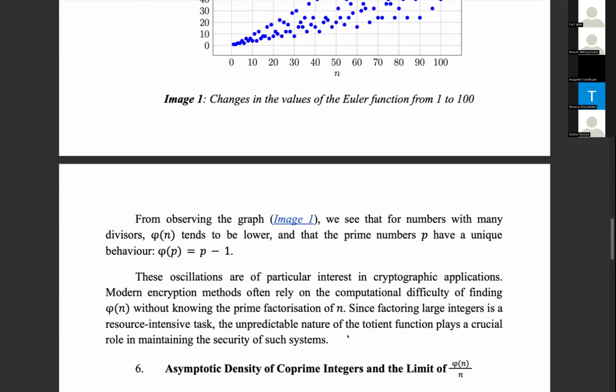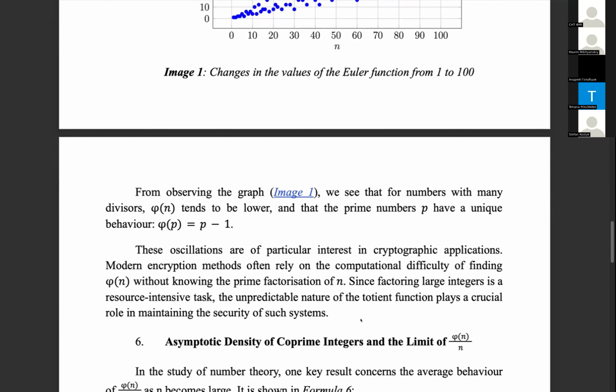And its importance goes far beyond pure number theory, because in modern cryptography, in algorithms like RSA, Euler's function plays a critical role.